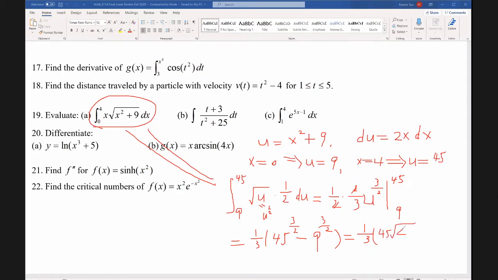Square root 45. This is 9 times square root 9, right?